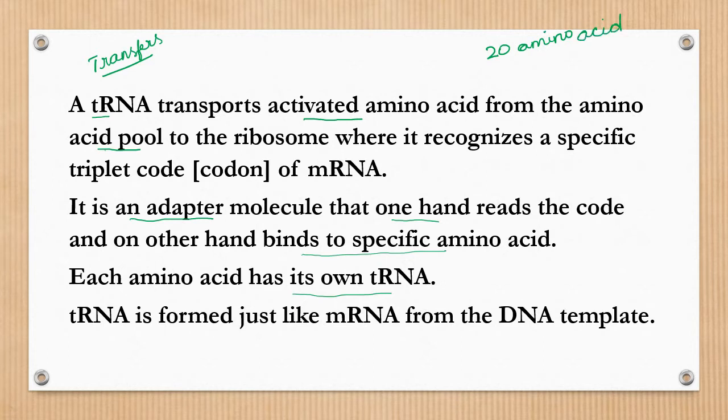So each amino acid has its own tRNA, which means there are 20 different types of tRNA present.